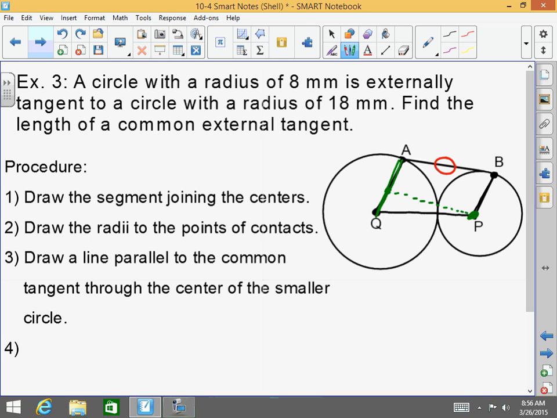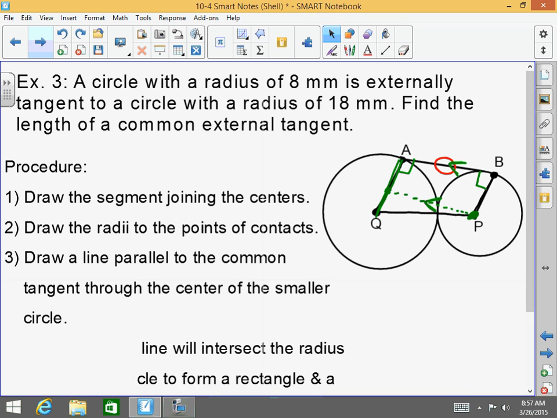Since it's parallel, please pay attention to what forms here. This is 90 degrees because of the tangent radius theorem. This is 90 degrees because of the tangent radius theorem. These two are parallel. What did I just form? Not a parallelogram, but a rectangle.